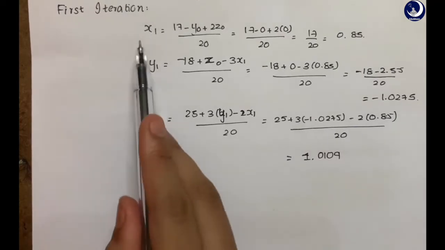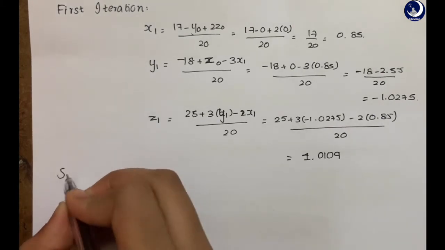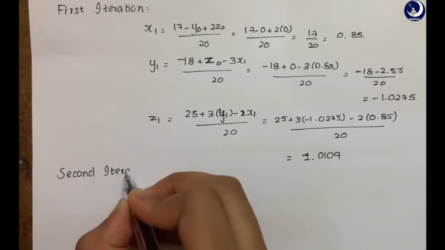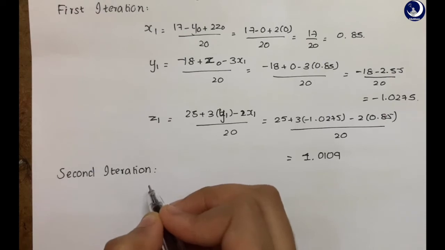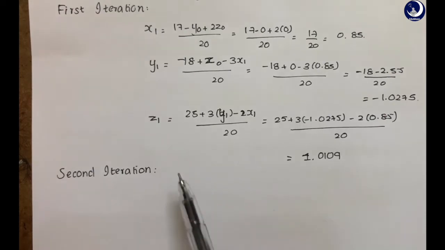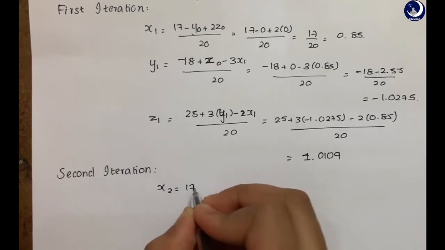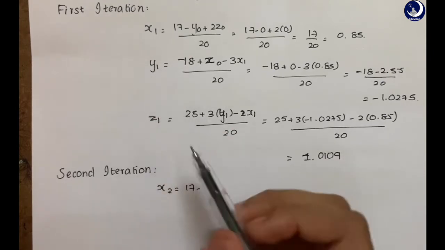Since we found x1, y1 and z1 values, let's do the second iteration. We'll find the variable x2, y2 and z2 values similarly as x1, y1 and z1. For x2, let's substitute y1 and z1 in equation 1.